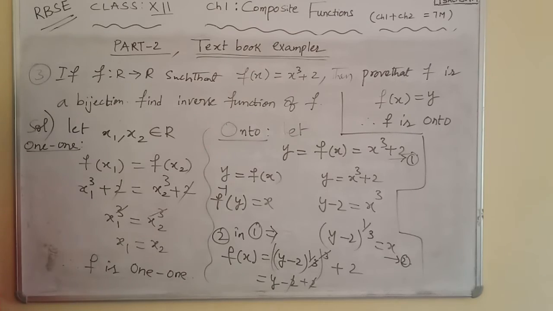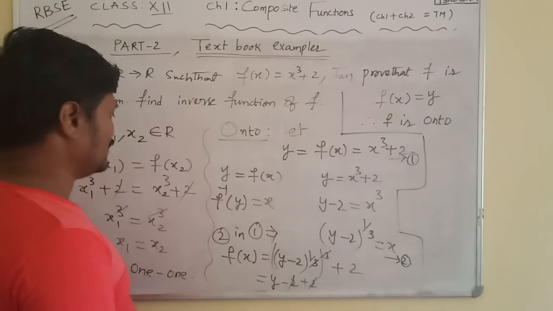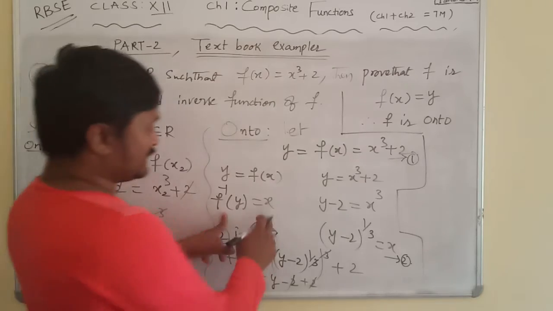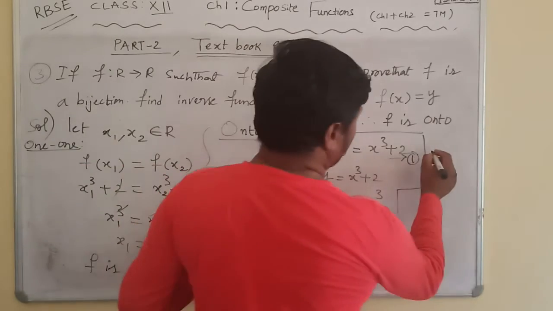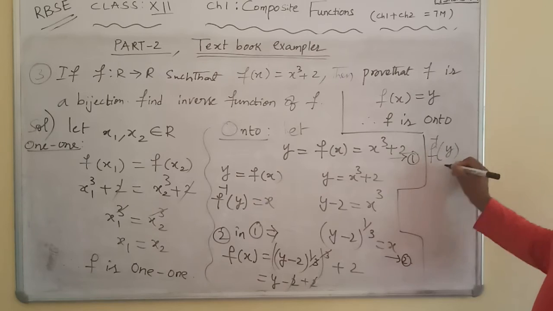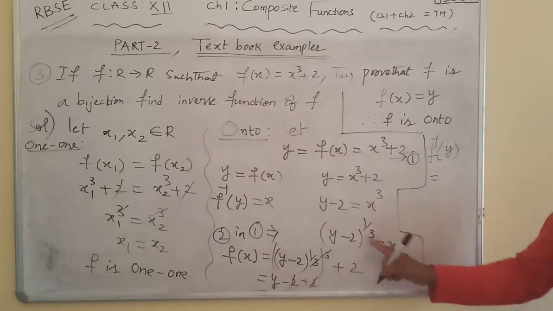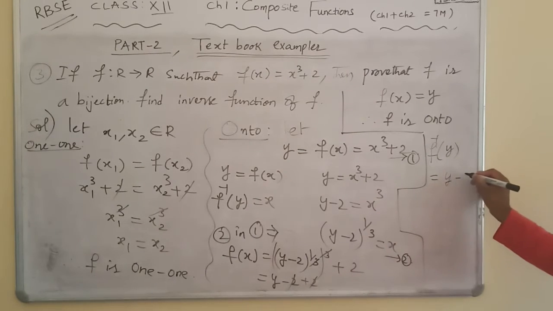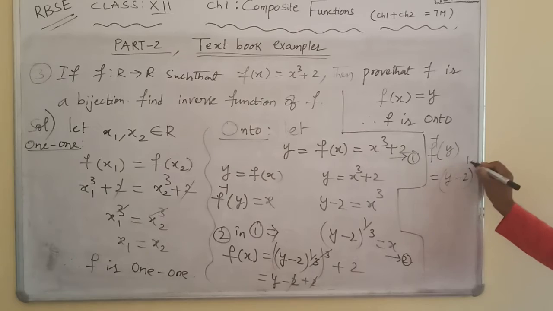Once it is onto, what is f inverse of x? f inverse of y is equal to x, so write that part. f inverse of y is y minus 2 whole power 1 upon 3.